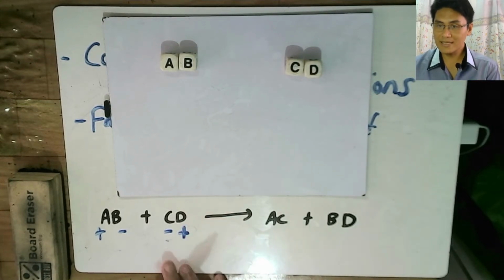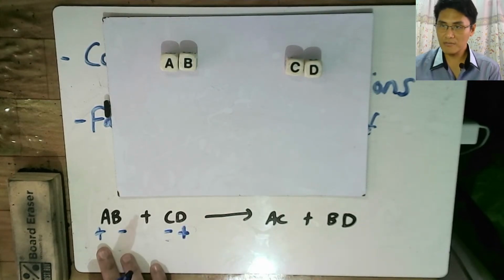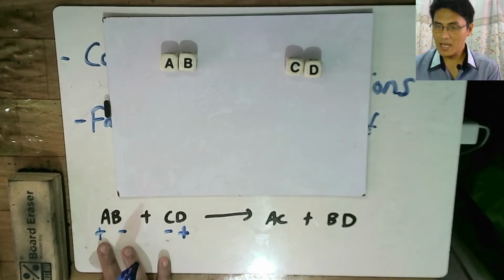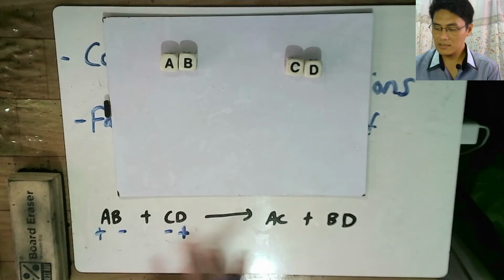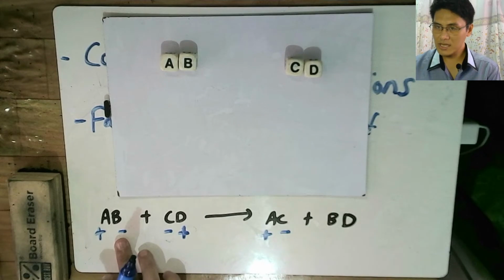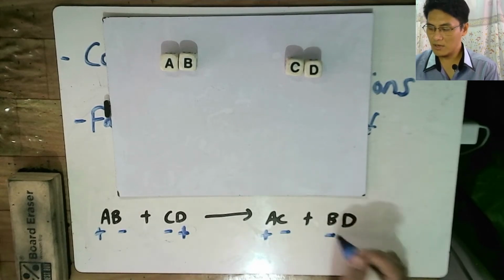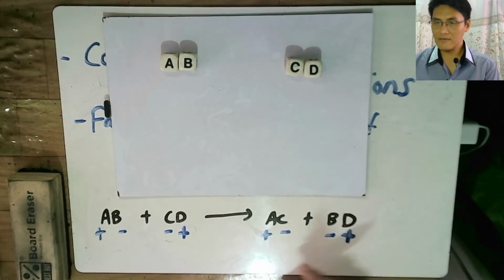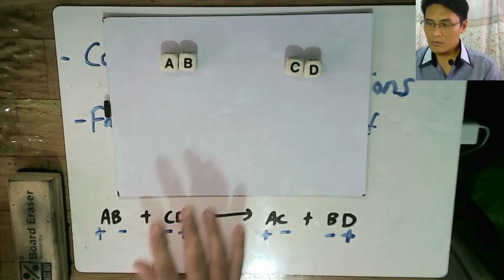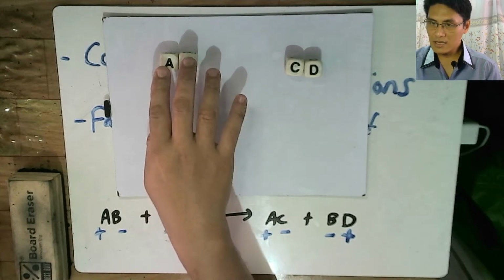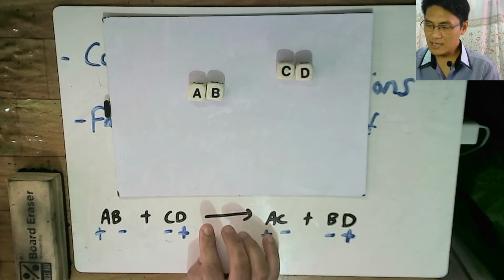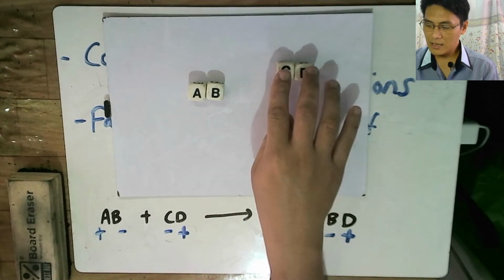Because remember, it's a positive ion paired up with a negative ion that bonds, right? So this is the reason why A now pairs with C, because A is positive and C is negative. And now B, which is negative, pairs with D, because that will still give you a positive-negative pair. So what we are trying to say here is if these two collide, right? And let's say they collide in this way.